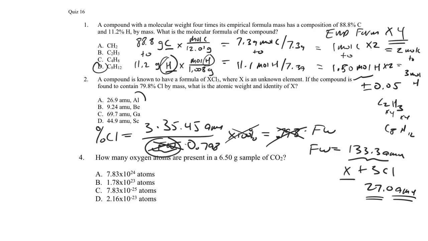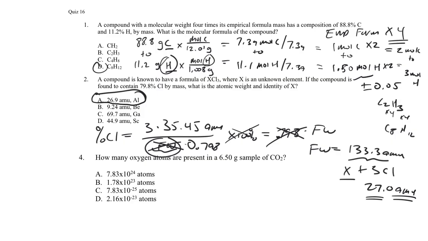Maybe I could have called it 26.9, but about 26.9 to 27.0, that's the atomic weight of aluminum. And if you want to double check, if you just did the 3 times 35.45 plus 26.9, that's the formula weight, and then solve for the percent chlorine, 3 times 35.45, then we get the percent by mass chlorine.